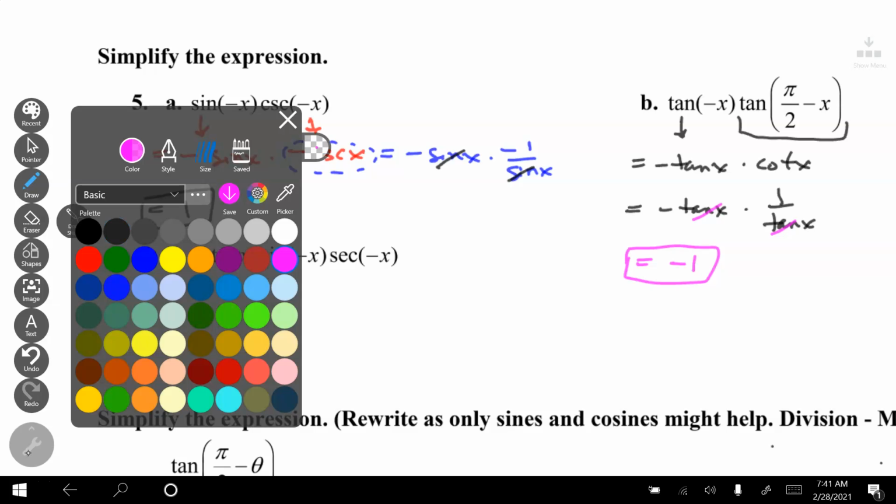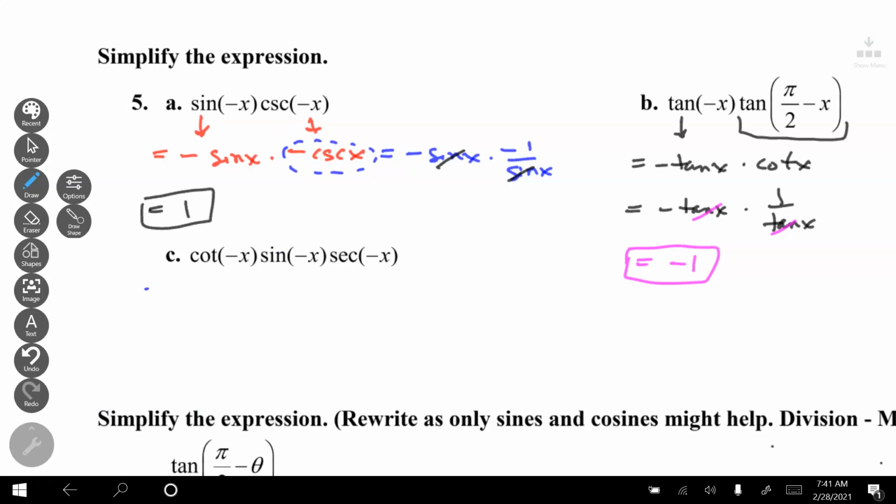And this next one might be a little bit more work. Cotangent is odd, negative cotangent of x. Sine is also odd, negative sine of x. But secant goes with cosine, that's even, so that's going to be times positive secant of x.